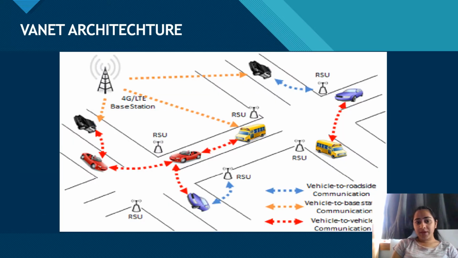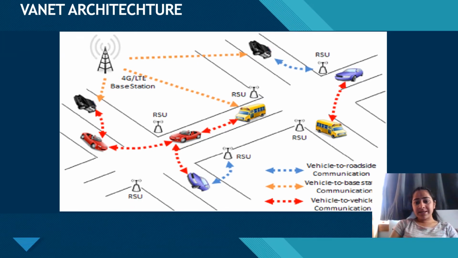There you can see the networks: the blue lines are vehicle to roadside communication, the orange line is vehicle to base station communication, and the red ones are vehicle to vehicle communications. You can easily understand the architecture of Vanets from this diagram.